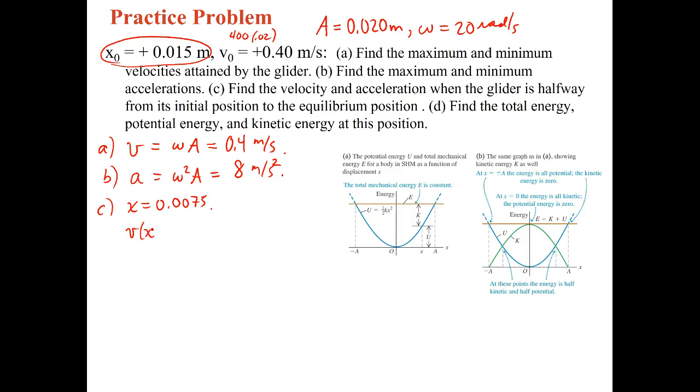That means that v of x is going to be equal to omega times the square root of A squared minus x squared, using x as 0.0075. We plug in all the numbers for this, and we get 0.371 meters per second. But now we have to think critically about this. When it's at 0.0075, which way is it moving? It's moving in the negative direction.